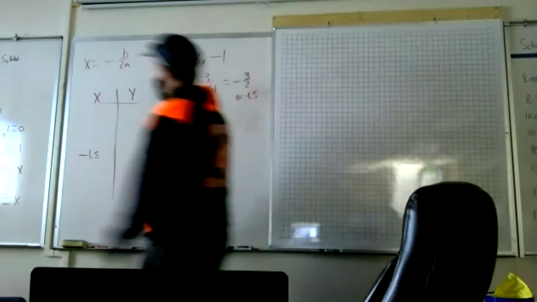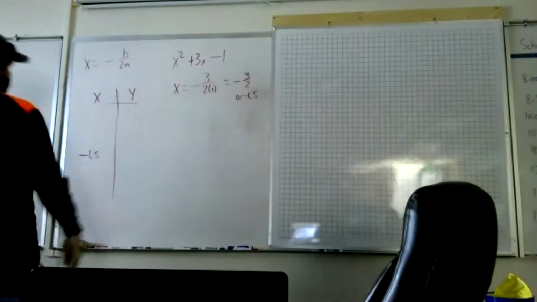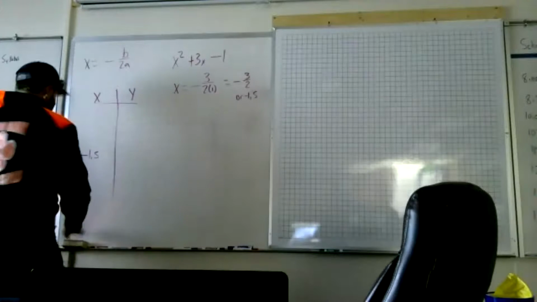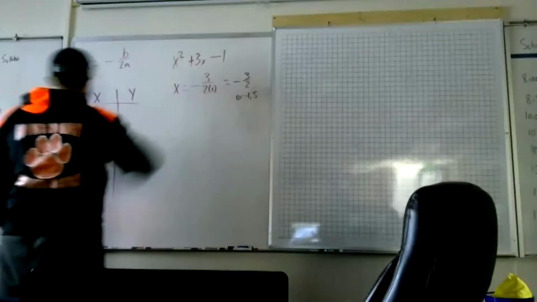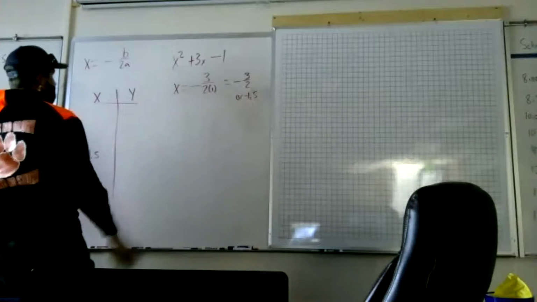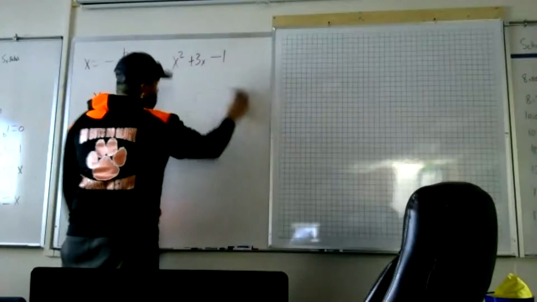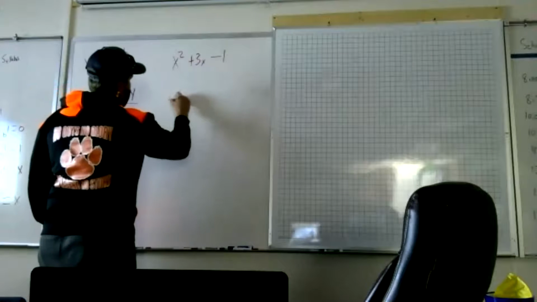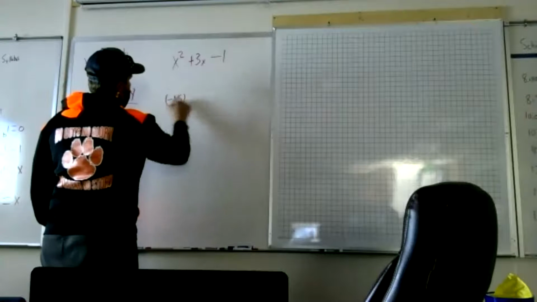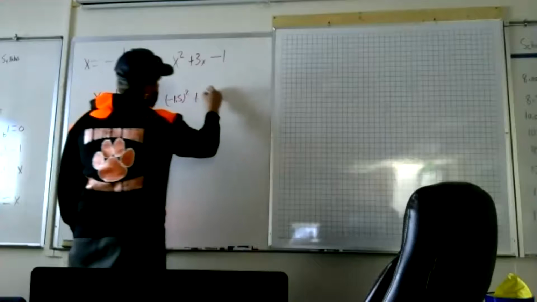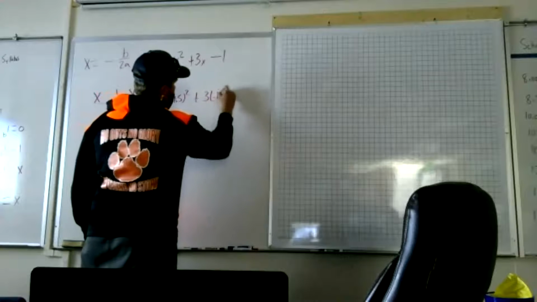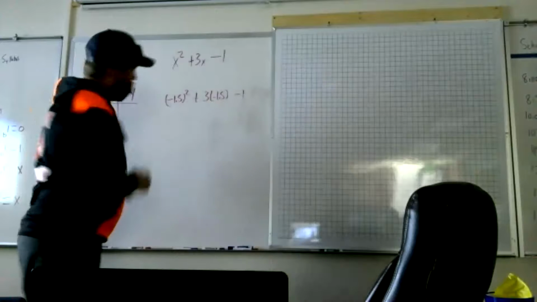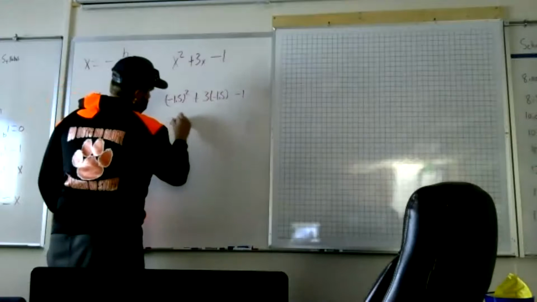Once you have this, the next thing you want to do is plug it in so that we get our maximum or minimum value, or our y value. So if I plug in negative 1.5 quantity squared plus 3 times quantity of negative 1.5 minus 1. 1.5 squared, I believe, is 2.25.